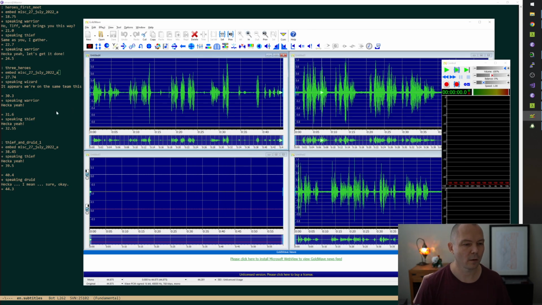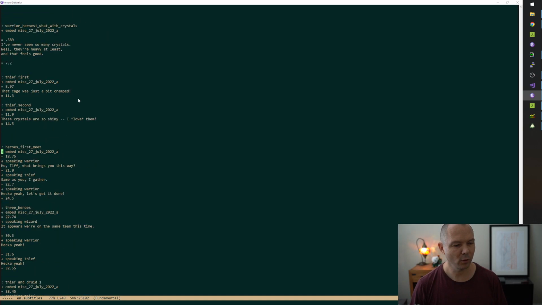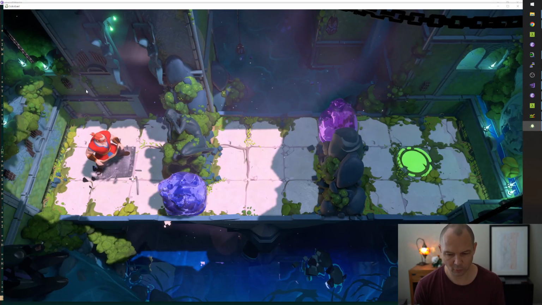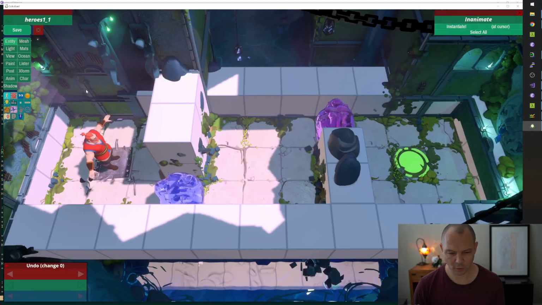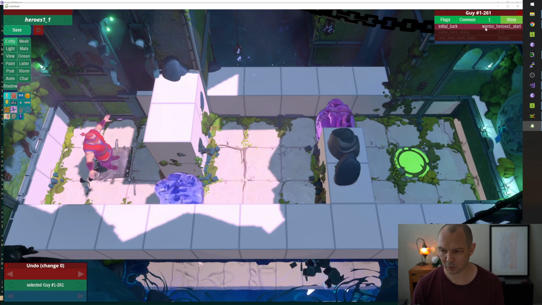Now, what do we do? We put them in the levels, like I was saying. Okay, so here, the way that we say a starting bark on the character.